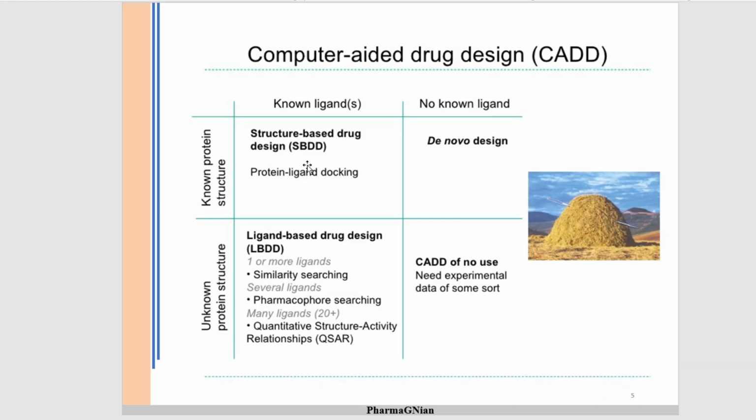Here the protein structure is very important. It is a prerequisite; we need the protein structure for structure-based drug design. And where can you get this protein structure?